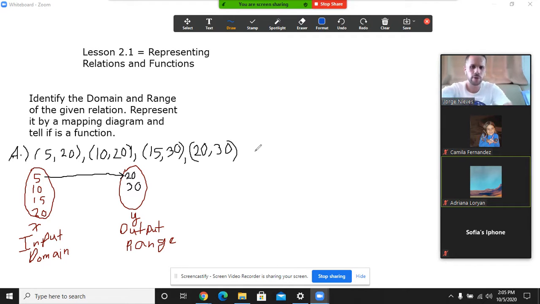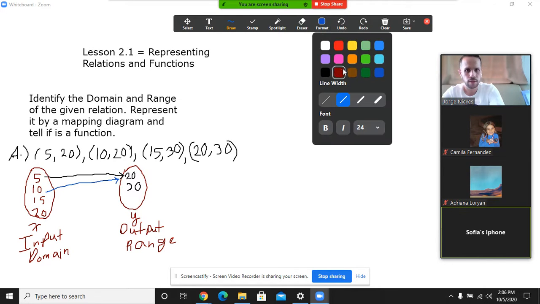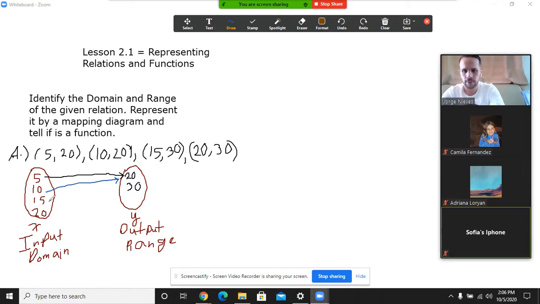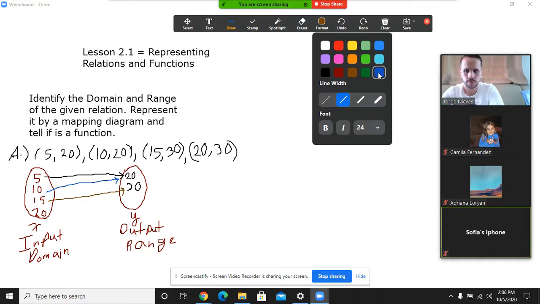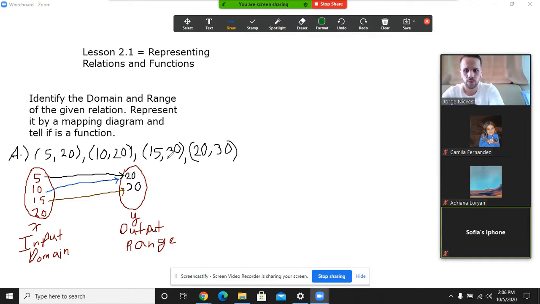What are the other coordinates that I have on the problem? 10, 20, exacto. Muy bien. La tercera relación que usted ve. What is the third relation? 15 con 30. Muy bien. And the last relation that we can see here is 20 and 30.